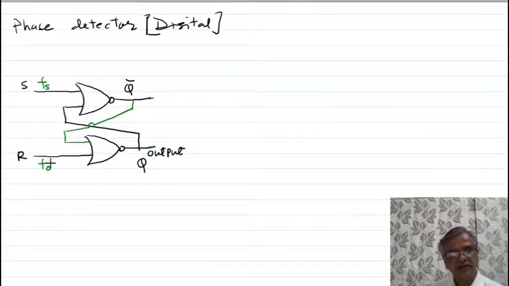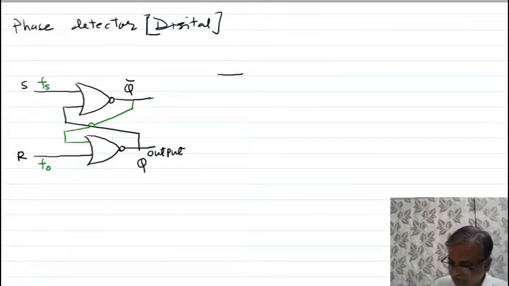The graph of output voltage versus phase difference between Fs and Fo is shown in the figure. There is a linear relation between the output voltage and the phase difference between Fs and Fo for 2 pi. I am showing you the waveform of Fs and Fo.